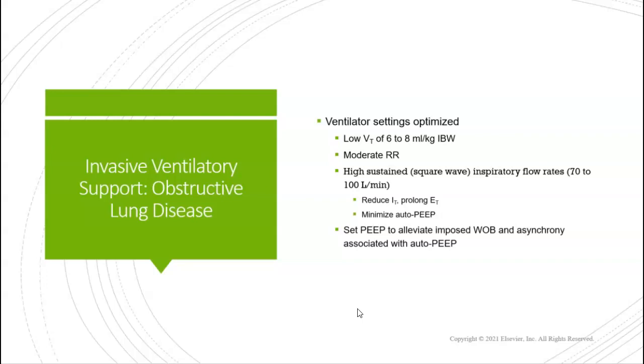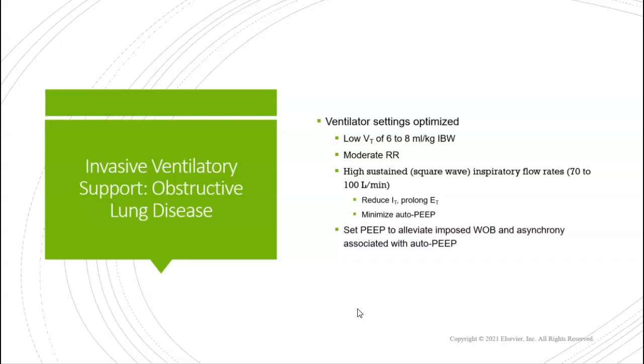We're going to be talking about waveforms and the differences between waveforms in the next couple weeks, like a square waveform, decelerating waveform. That's all to do with how the flow is delivered. So do I want the flow going in really fast, or leveling off, and then decelerating? How do I want that flow to be delivered to my patient?